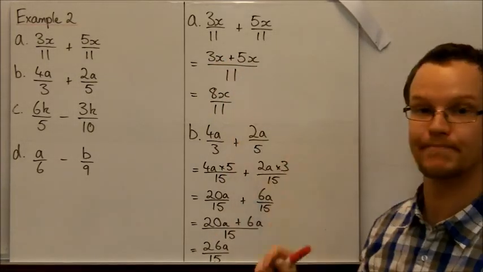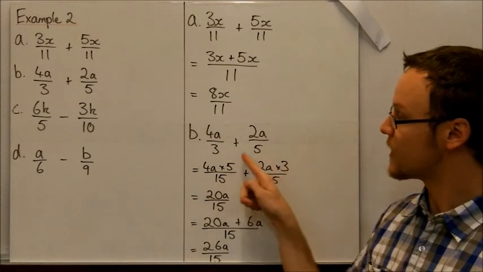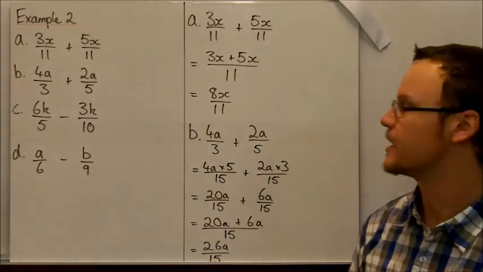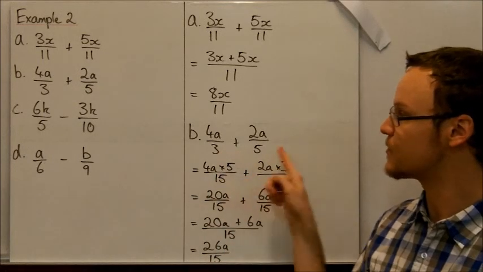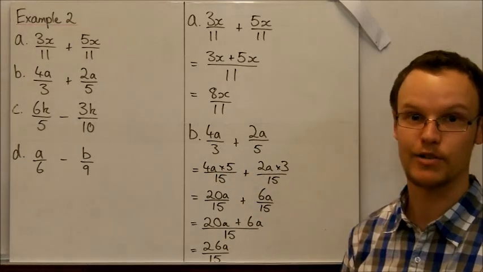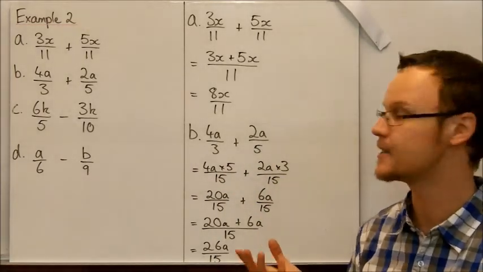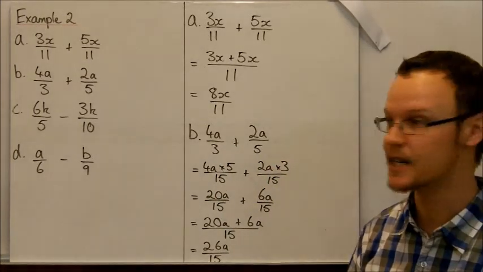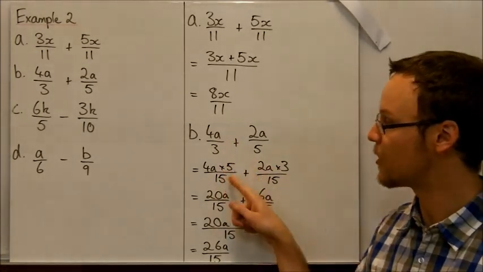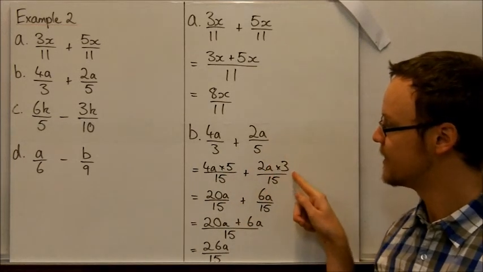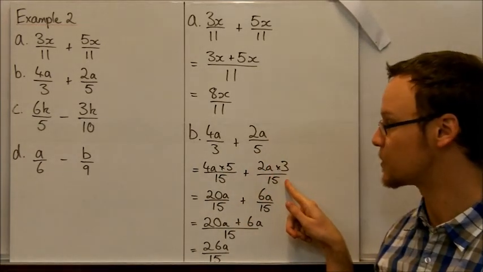For our second part, we do not have the same denominator, so we need to convert these fractions to an equivalent fraction for each of them with their lowest common multiple, our lowest common denominator. 3 and 5 have a common multiple of 15, so we can multiply the top and the bottom by 5 here to get 15, and multiply the top and the bottom by 3 here to get 15 on the bottom.